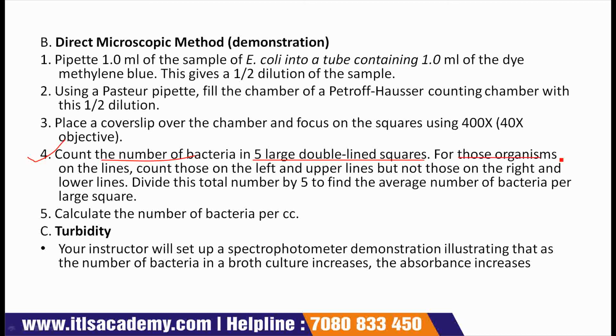For those organisms on the lines, count those on the left and upper lines, but not those on the right and lower lines. Divide this total number by 5 to find the average number of bacteria per large square. Now in the last, calculate the number of bacteria per cc.